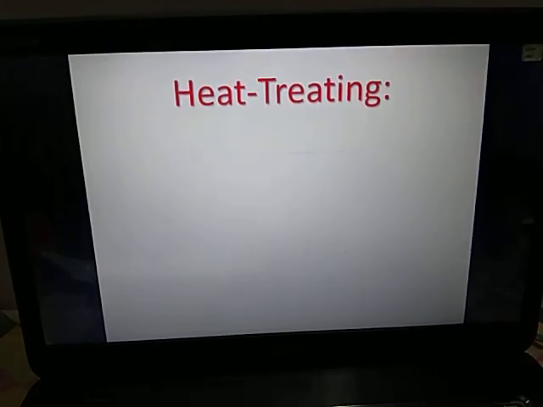The next basic manufacturing process is heat treating. Here the metals are heated to a certain fixed high temperature.